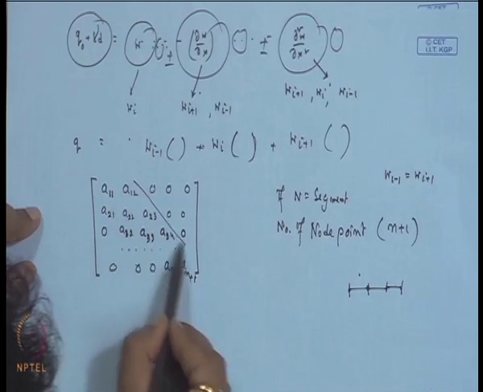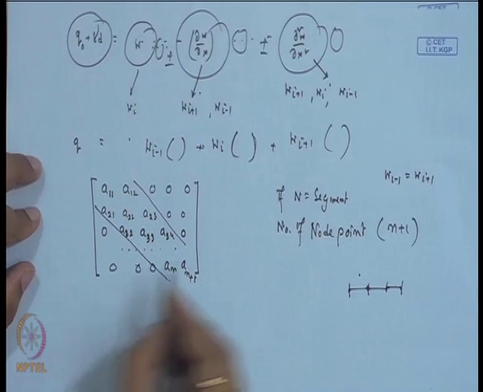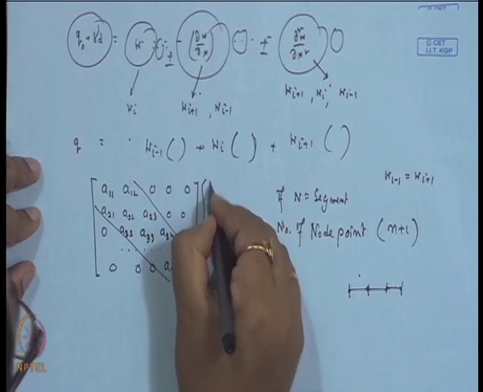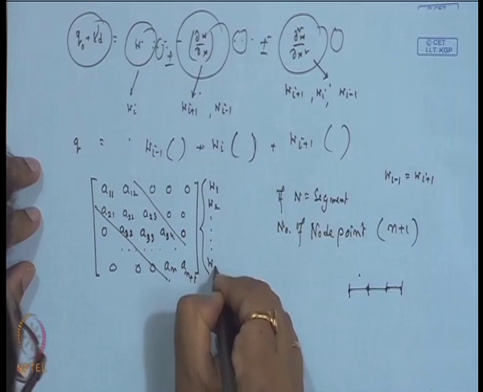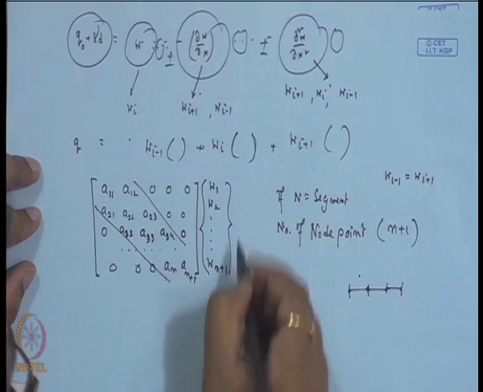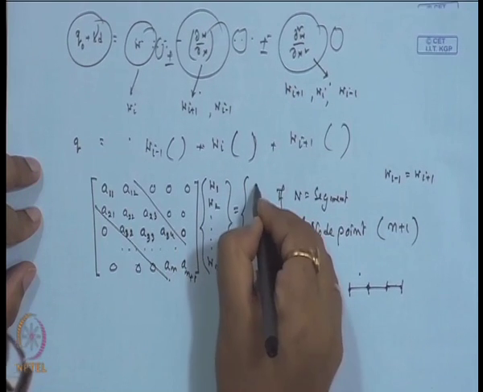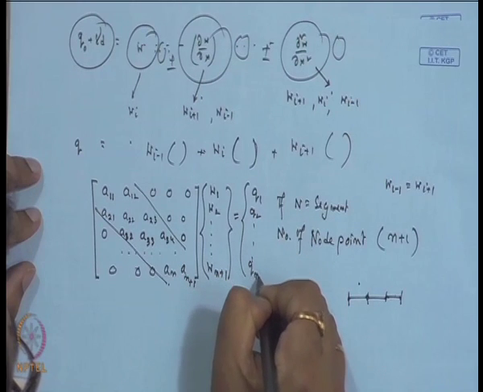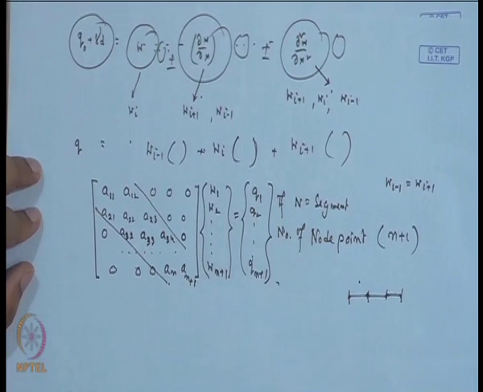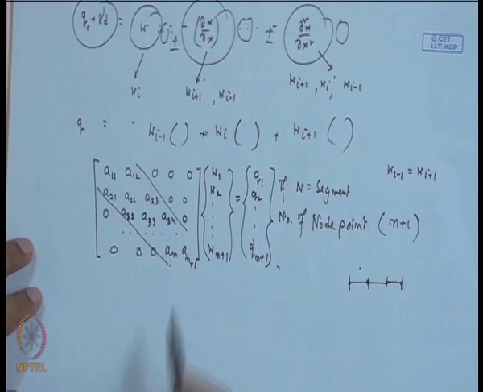So we will get a banded type of matrix, and then here you can write W 1, W 2 up to W n plus 1, equal to Q 1, Q 2 up to Q n plus 1. So we will get this matrix form.